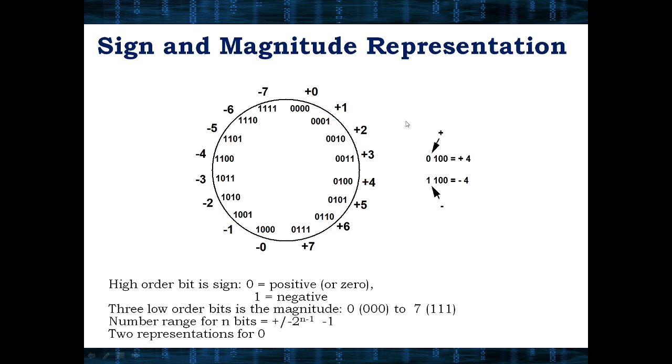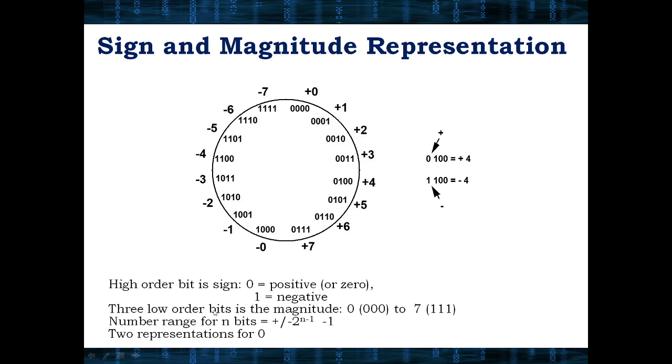So now in detail we'll discuss sign and magnitude representation. This is a magnitude representation of a 4-bit number. There are 16 different values that can be formed by using a 4-bit value. As I said, in sign and magnitude, the high order bit, if it is 0, is a positive number, and if it is 1, it is a negative number.